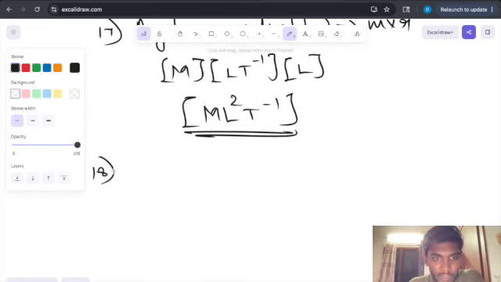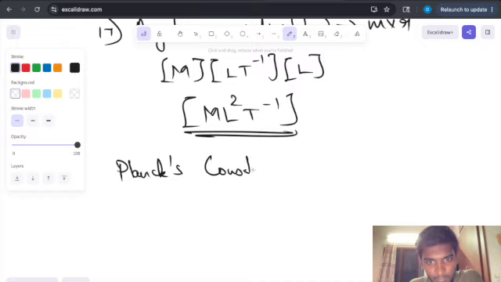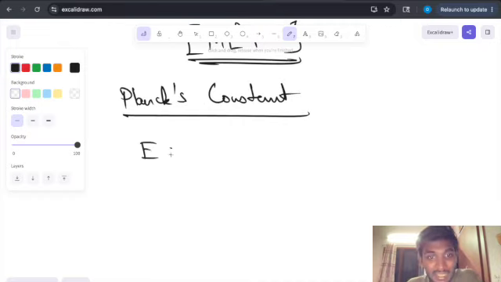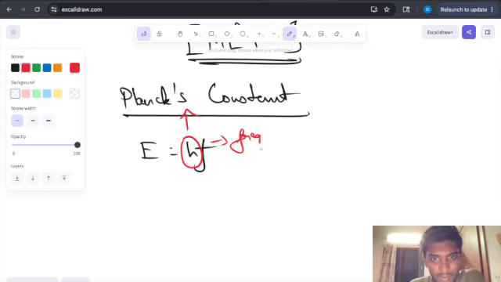Then we can look at Planck's constant. There is a formula, energy is equal to hf, where h is Planck's constant, f is frequency, and E is energy.